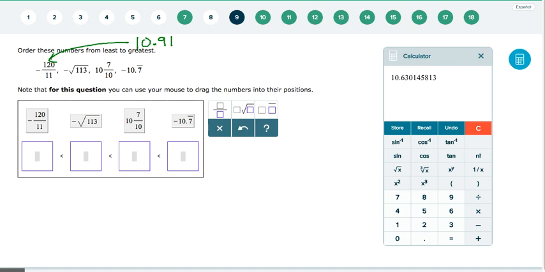Again, I'm going to round to the hundredths place. And don't forget, sorry, these are negatives. Negative 10.63. Okay, and the next, we have 10 and 7/10, which I don't even need a calculator for. 10 and 7/10, 10.7, and it's positive. And then my last one, I don't have to do a thing to because it's negative 10.7 repeating.